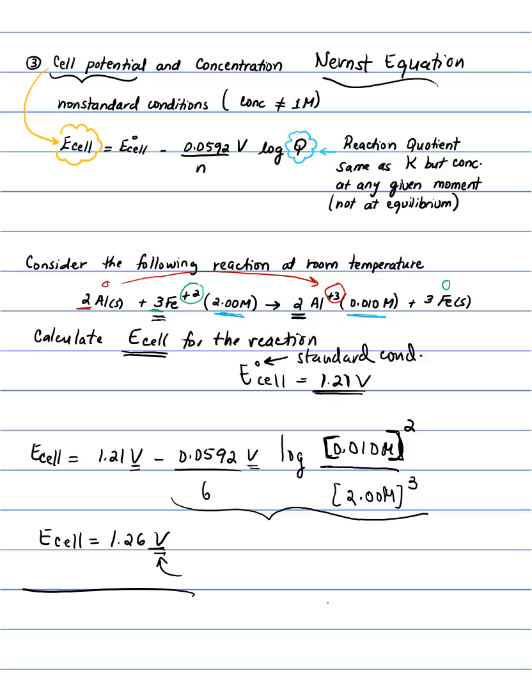The number of electrons is not changing, your reaction is the same. But what is different is the given concentrations. Your 1.21 is what you get when the concentration for both ions is 1 molar. Now in this case you have something different, which means that the potential you're calculating will be different depending on which concentrations you're given.